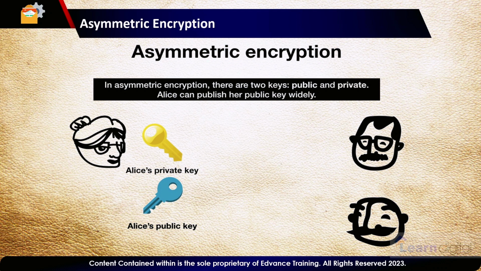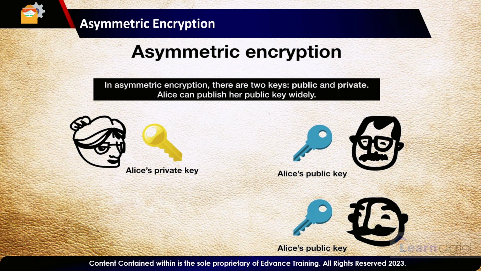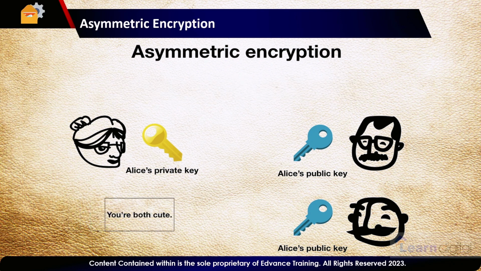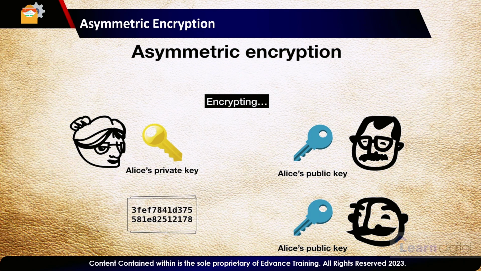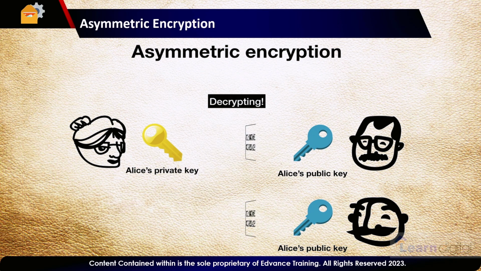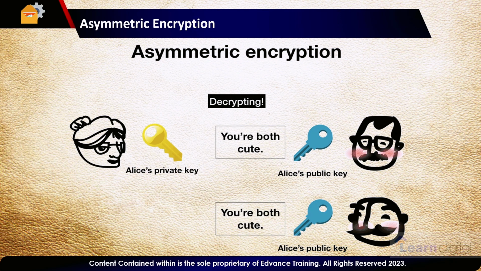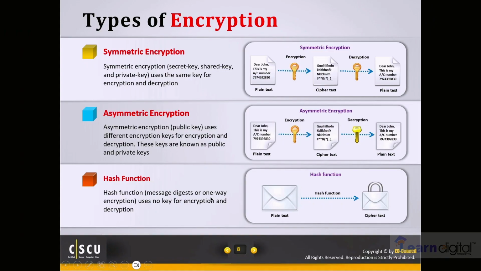Then second is asymmetric encryption, where it will involve a pair of keys, a public key for encryption and a private key for decryption, right? So this is known as asymmetric encryption. Yes, there is a third point as well, that is hash function.